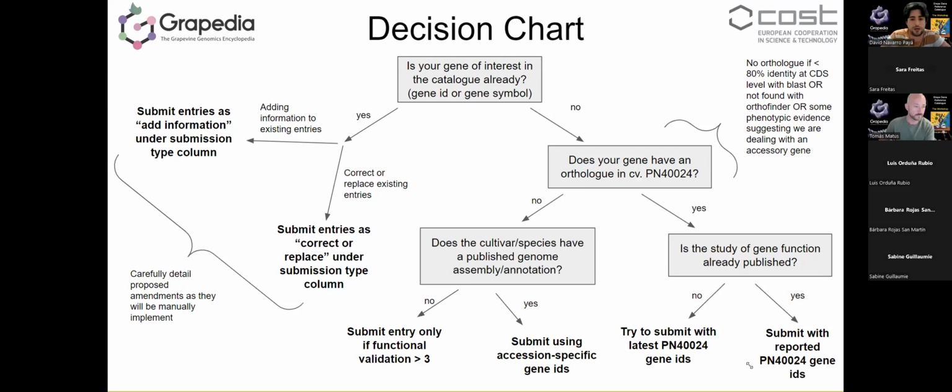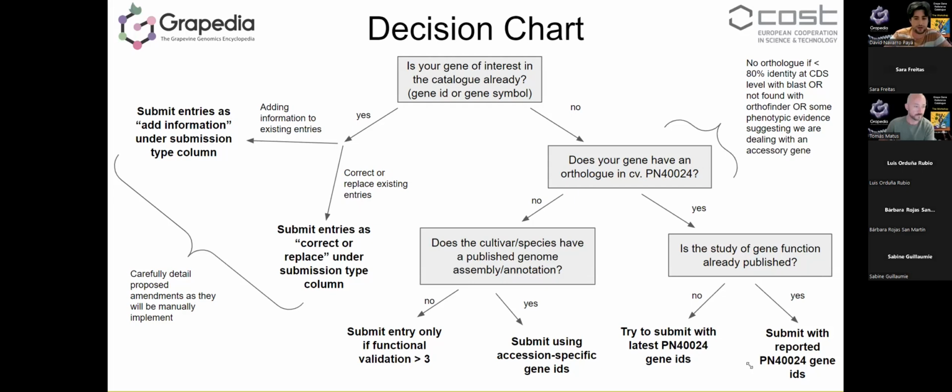If it doesn't have an assembly and annotation, but you're still sure there's no ortholog of your gene, maybe you have phenotypic evidence, or through BLAST the highest hit is still under 80% identity at the CDS level, for example.